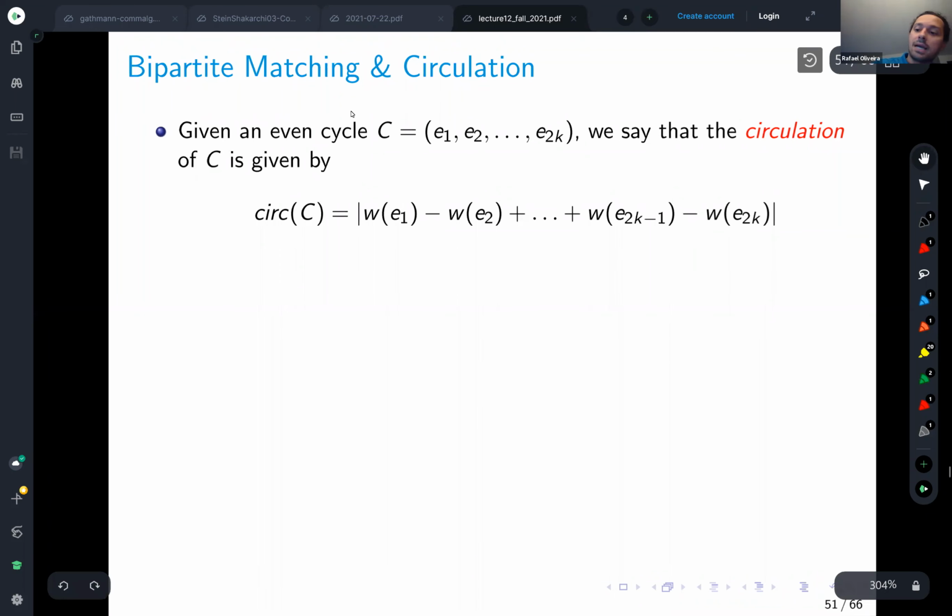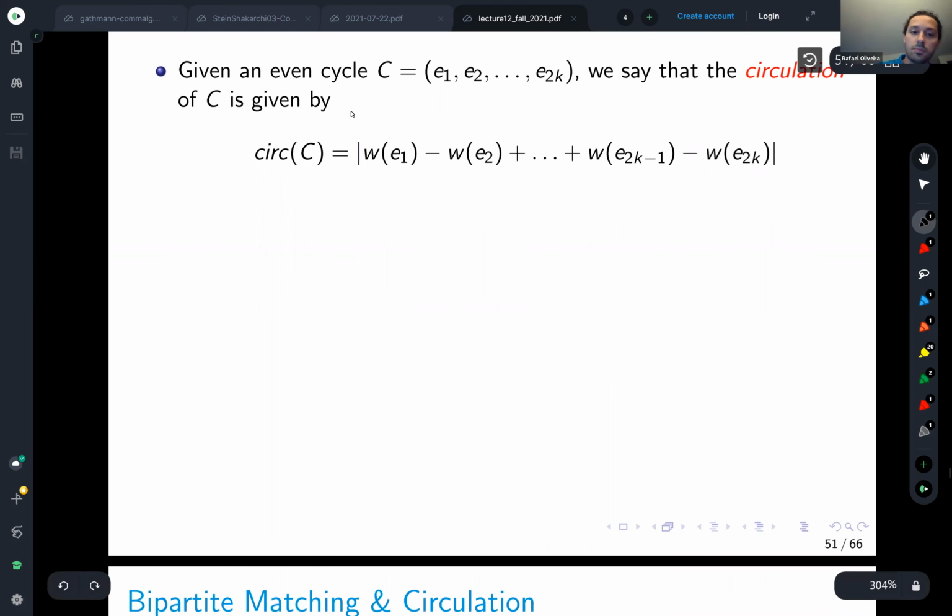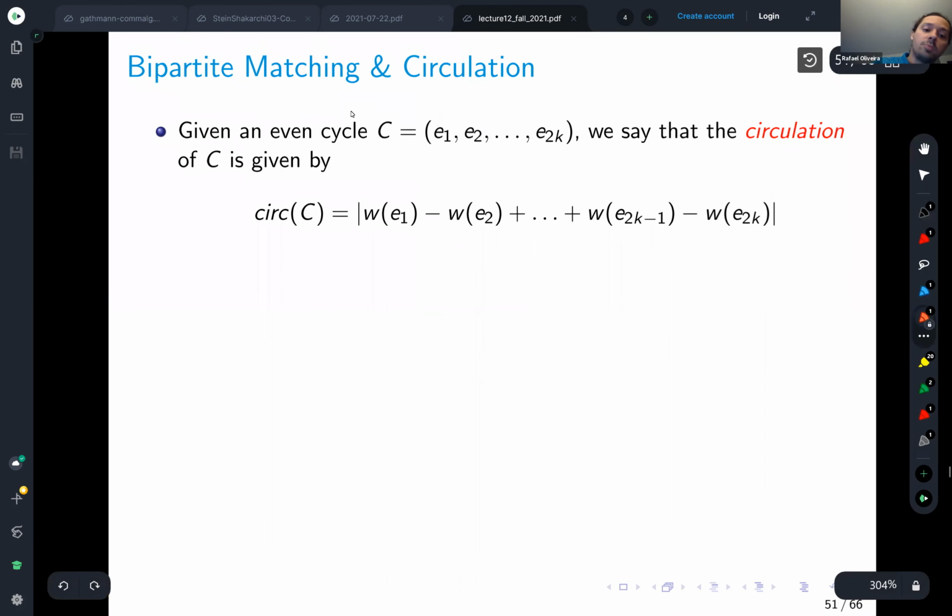Suppose that I have my cycle here, and I'm going to draw the cycle like this with two colors.